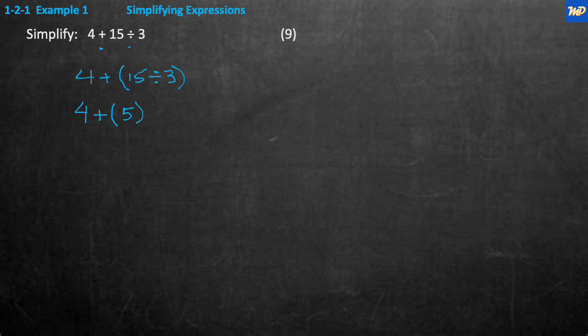We can remove the parenthesis. And what do we get? We get 4 plus 5, and 4 plus 5 equals 9. In this case, we did the division first, and then the addition. And I put the parenthesis here just so that it would remind you that we're going to do the division first.